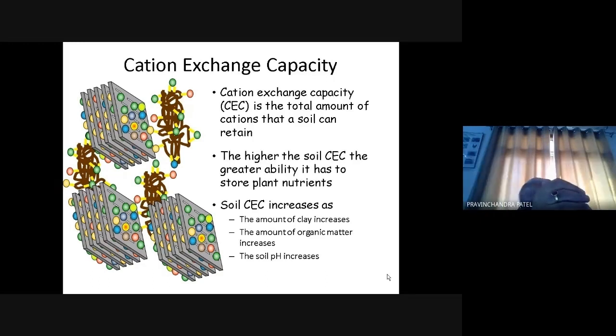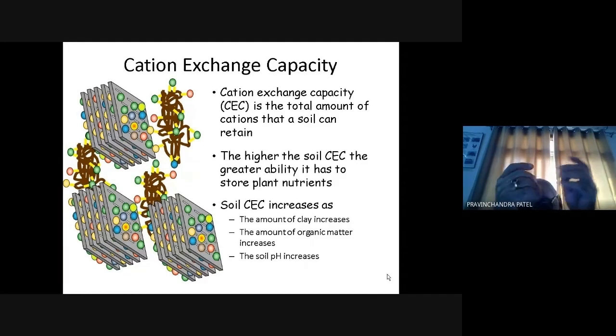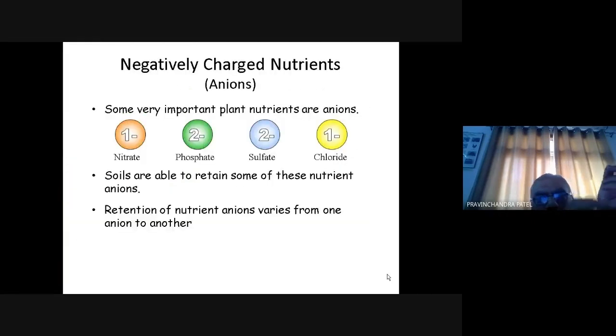Suppose you have sandy soil and you add the soil of the tank in your sandy soil, then your soil fertility will be increased because we are adding the clay particles. The amount of organic matter is increasing, and the soil pH is also increasing.